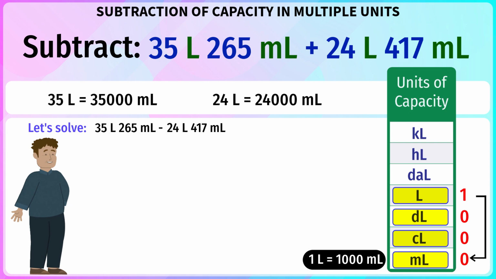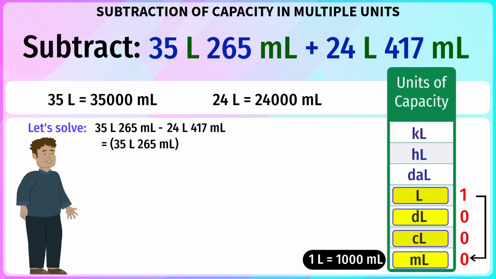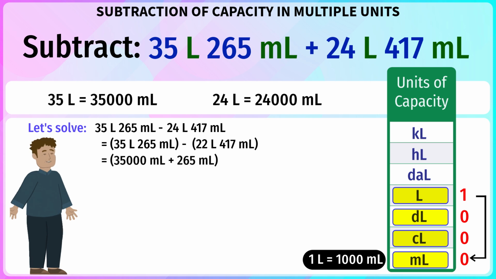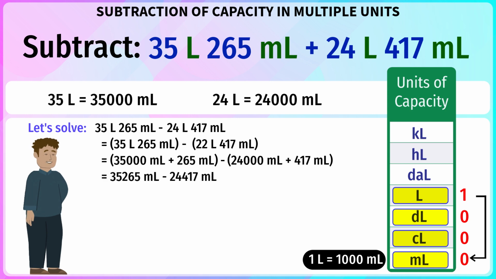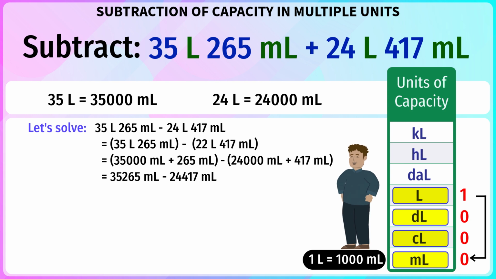Also, note that 35 L 265 ml means 35 liter and 265 milliliter added together, which comes to 35265 ml. Similarly, 24 liter 417 ml means 24 liter and 417 ml, which equals 24417 ml. Now we have subtraction in a single unit.